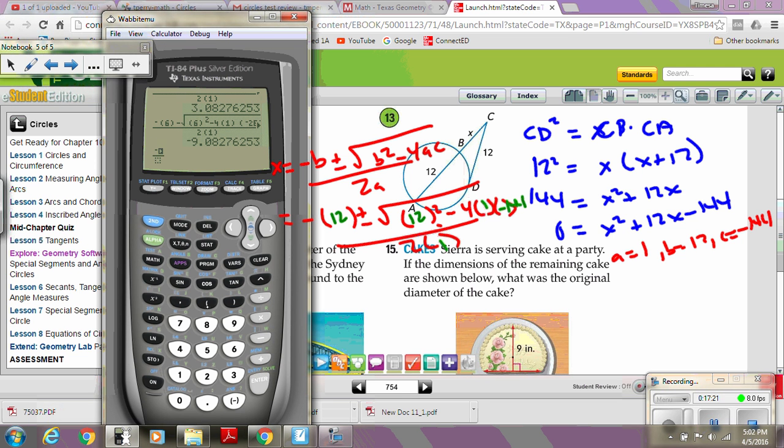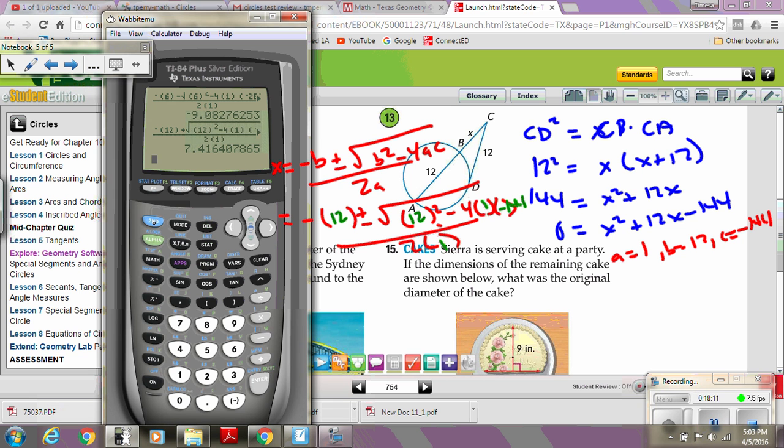So negative 12 plus the square root of 12 squared minus 4 times 1 times negative 144 divided by, or over, 2 times 1. And we get roughly 7.4.